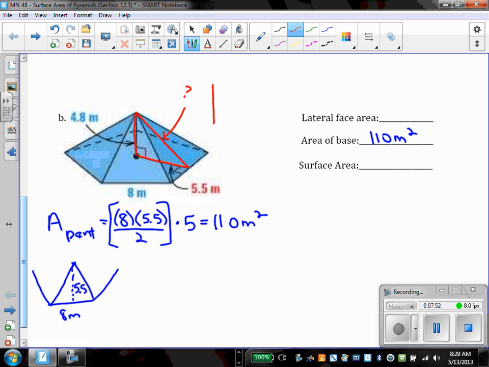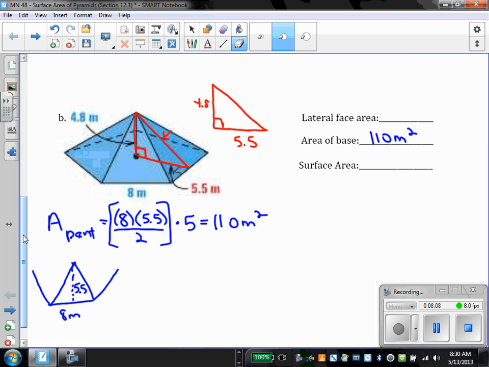So I'm going to take this right triangle out here. I'm going to put 4.8 right here. I'm going to put 5.5 right here. And then this hypotenuse is what we need. I'm going to say this is x.